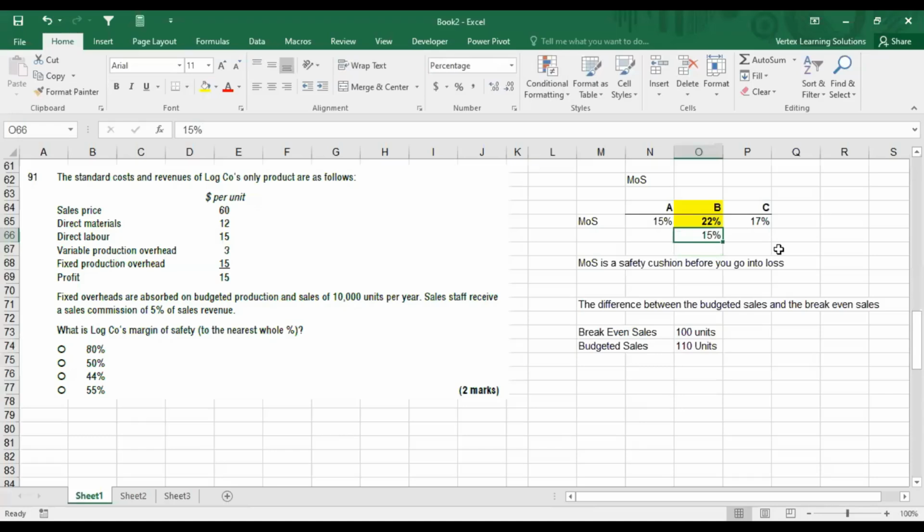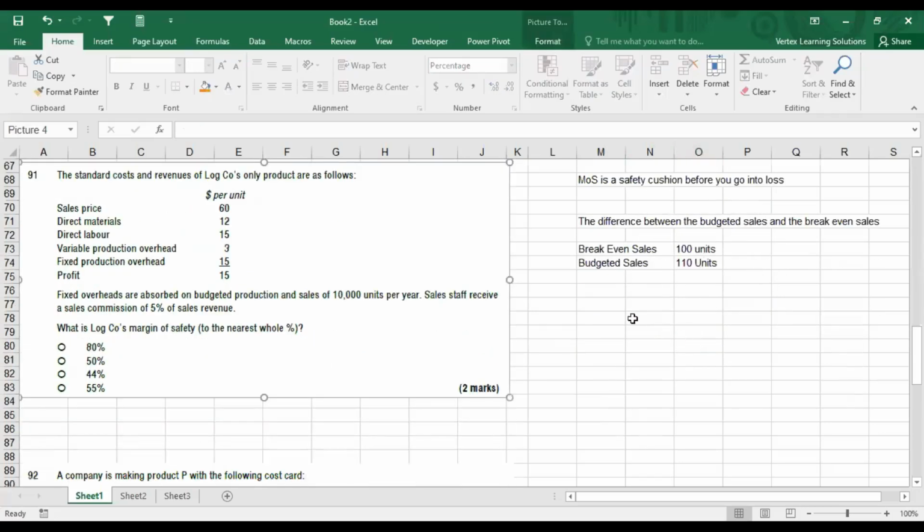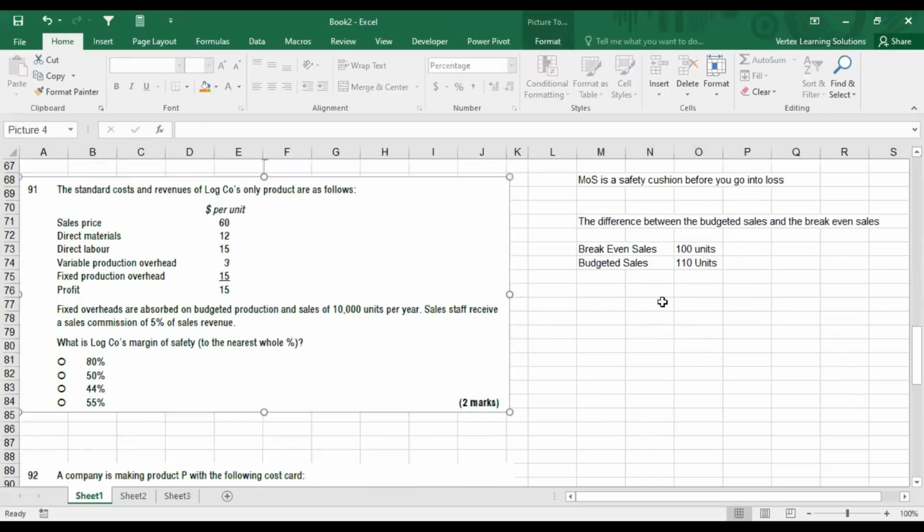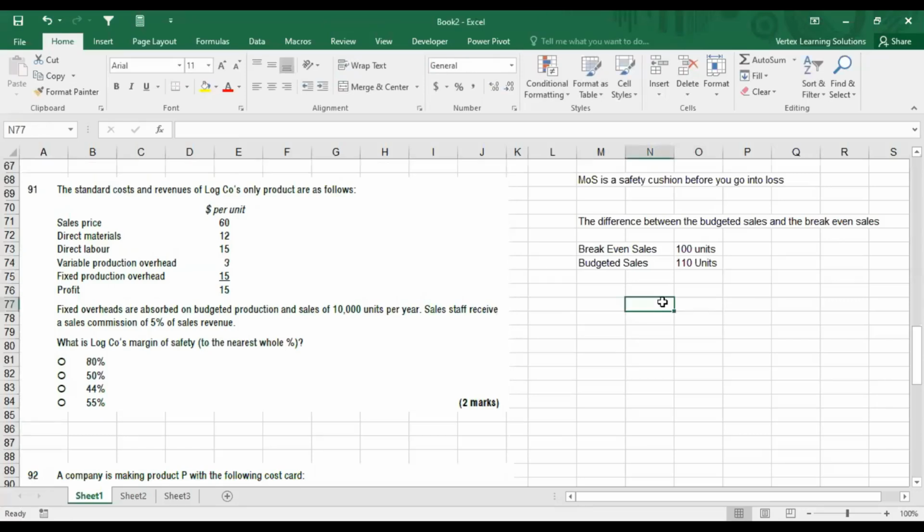So margin of safety is that extra quantity which you put over and above your break-even sales. This is the idea or concept behind margin of safety. Now let's do this question number 91 very quickly. It says the standard cost and revenues of Log Company's only product are as follows.